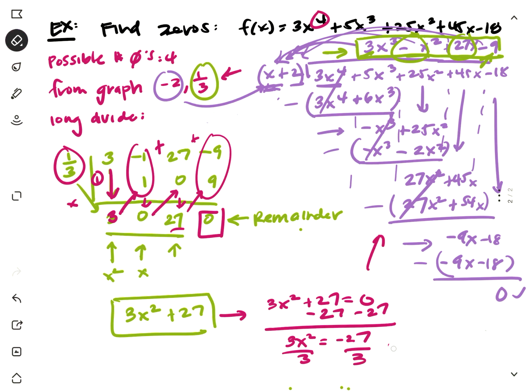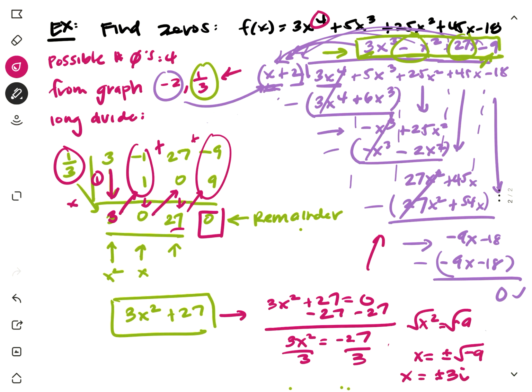And this should look familiar from what we were doing the last time, because we end up with x squared equals -9. And then we square root. So x equals plus or minus the square root of -9. And we said that if we break this down, we can just call the square root of negative 1 an i. So then x equals plus or minus 3i.